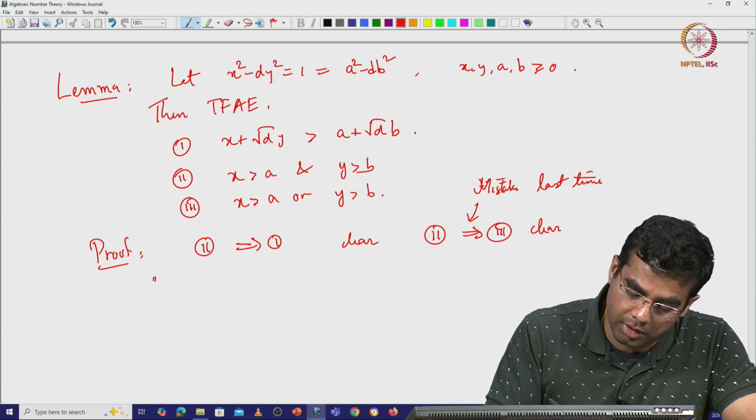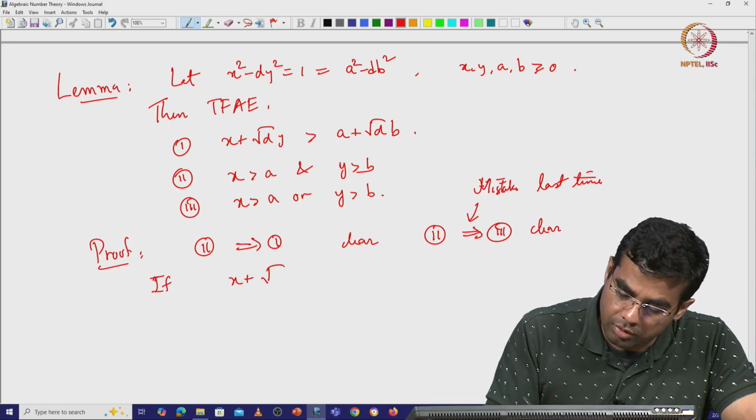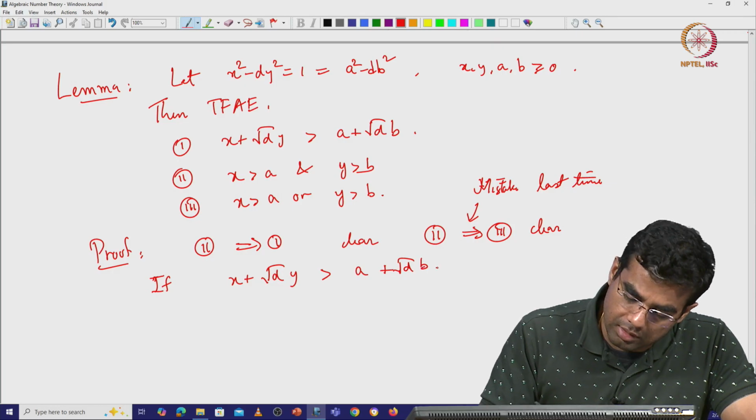So, let us assume that x plus square root of d times y is bigger than a plus square root of d times b.